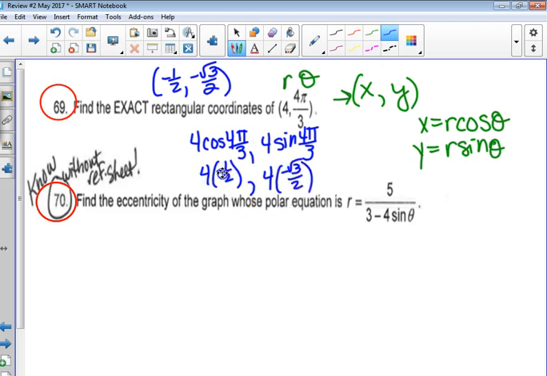What's 4 times negative 1/2? What's 4 times negative square root of 3 over 2? Okay, I shouldn't have circled this one because it should be an ordered pair. Just like vectors, okay? All right.